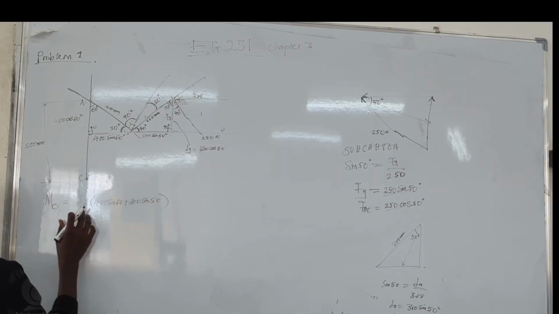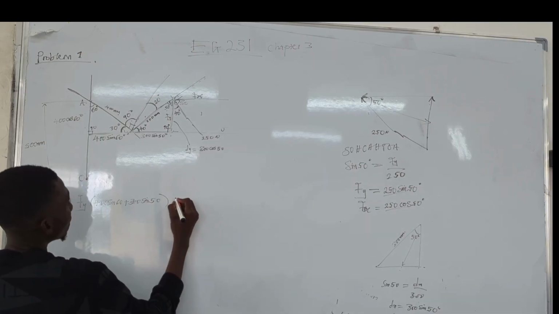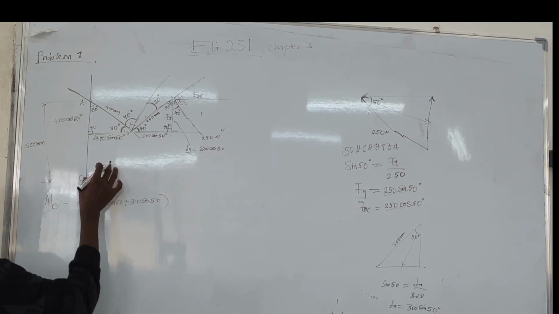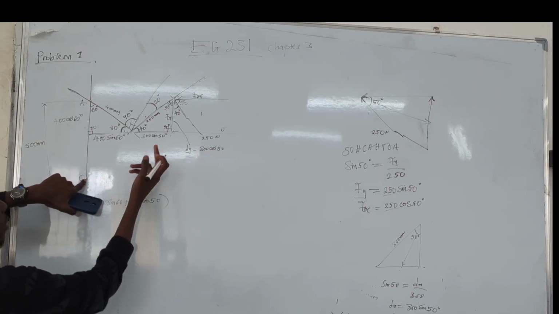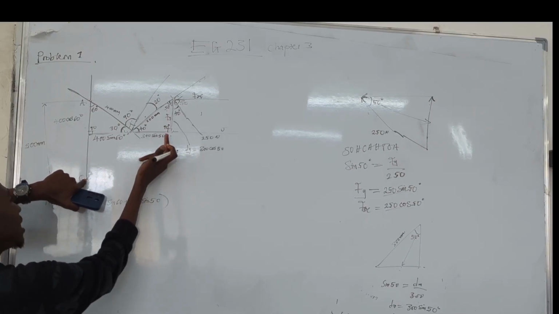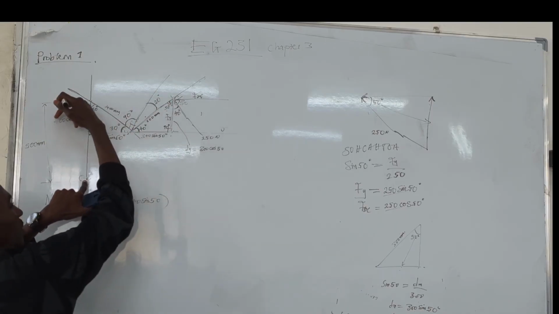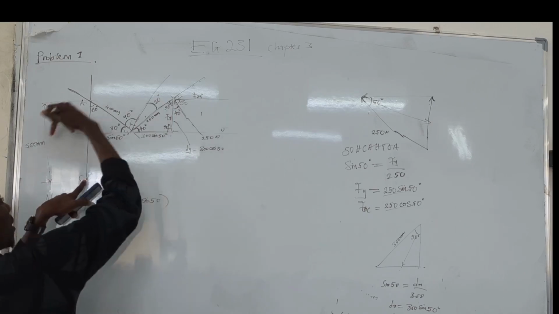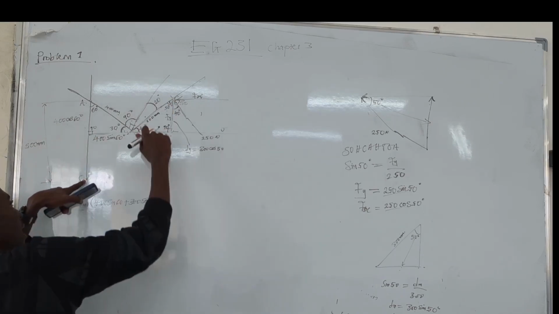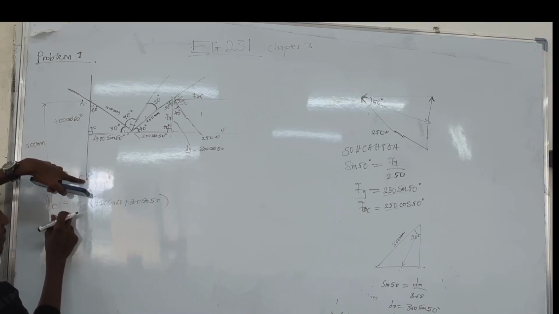Since we are taking the moment of the force about point O, this force in the y is going anti-clockwise. Anti-clockwise means positive. If it was going down, it would be clockwise, and we would have put a negative here.